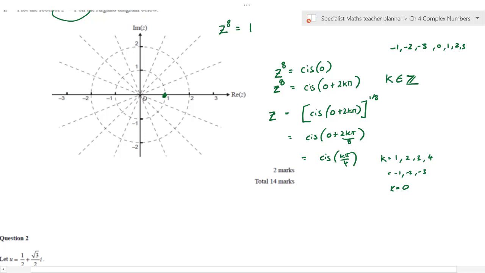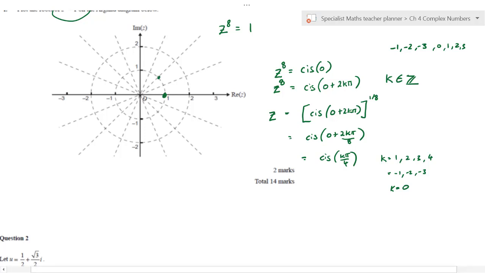Okay, good. Now, what do we talk about with these roots? There are 8 roots and they are equally spaced. If they're equally spaced, that's 360 degrees divided by 8. Isn't that 45?